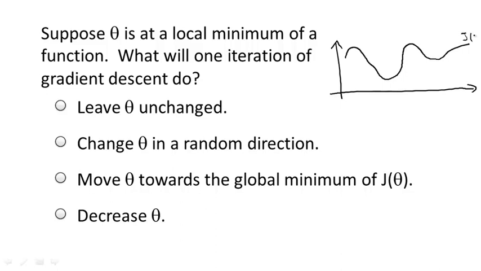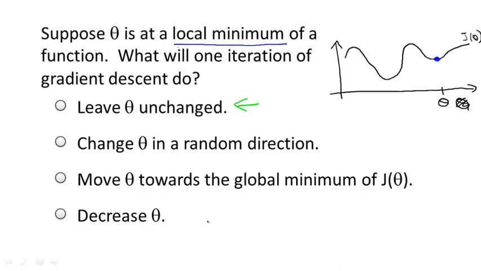So that's J of theta, and the horizontal axis here is my theta axis. And let's say I start off theta over there at a local minimum. My question for you is, if I start off theta at a local minimum like that, what will one iteration of gradient descent do? So hopefully you got that one iteration of gradient descent will leave the parameter theta unchanged.